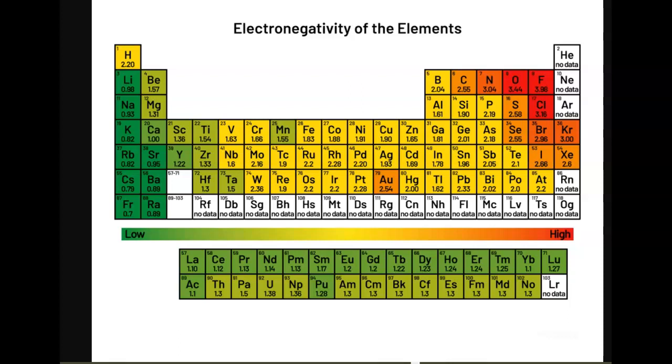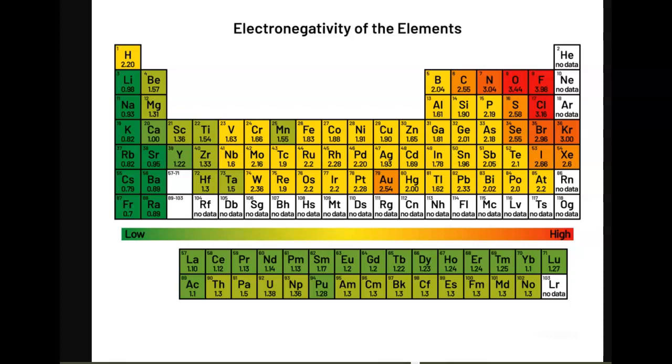But anyway, we can think that noble gases are so noble that they tend not to form any compounds. And you can see that for each period, electronegativity is increasing from the smallest number to the biggest one, and it is the same for every period.